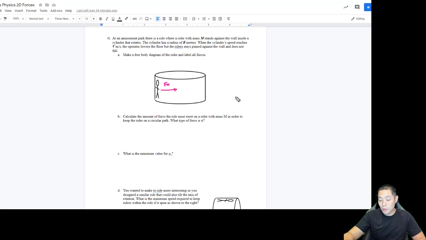As it spins around, it's always going to be towards the center, so the normal force is acting as our central force. You have the force of gravity, F_g, and then to counter gravity, you have friction. In this case, it has to be static because you're not moving.